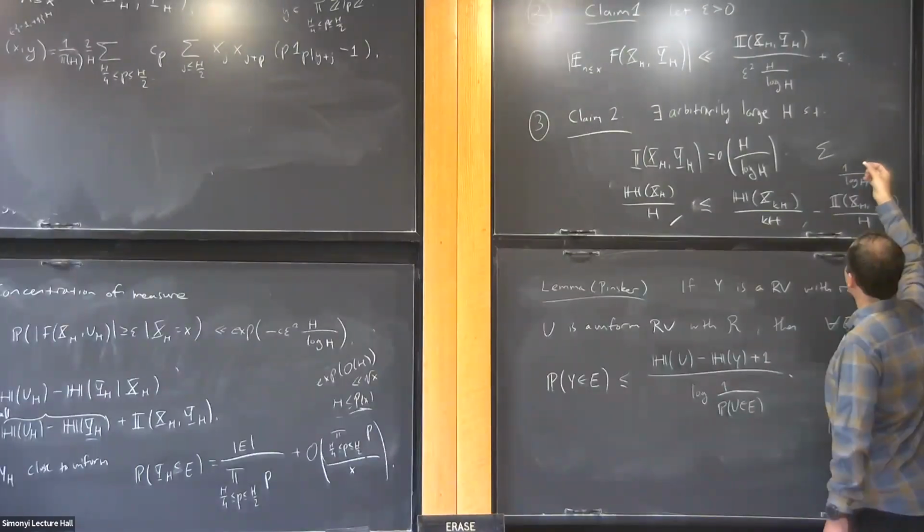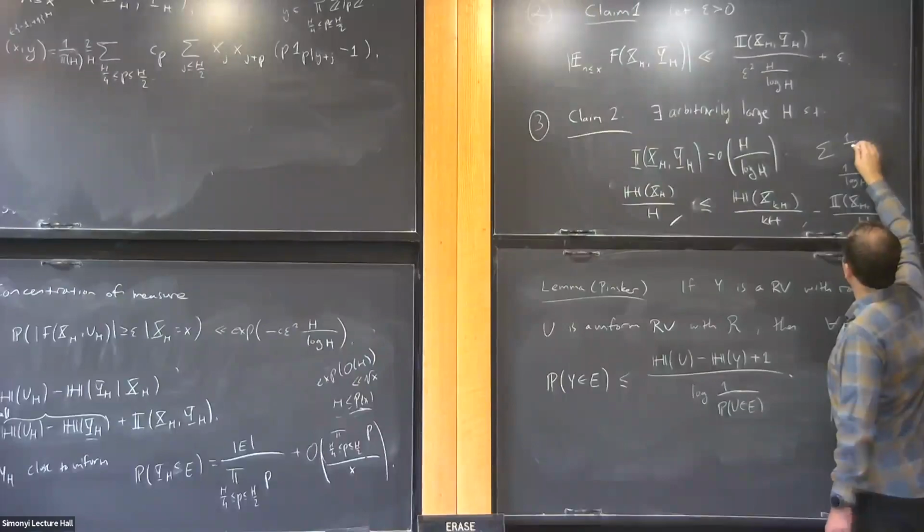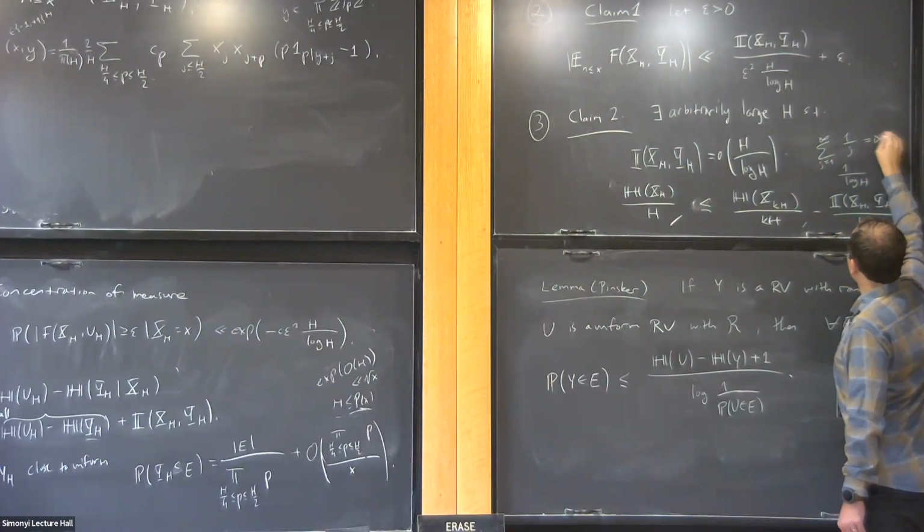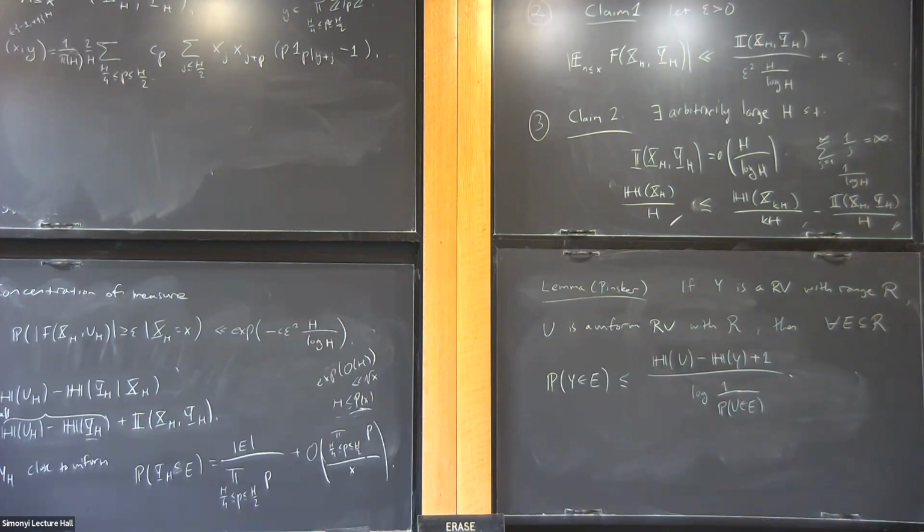And essentially what you need at the end is just that the harmonic sum diverges. So the values of H that you take here are growing roughly exponentially. And so if you had this inequality with the information being large for every value of H, then you could sum it.